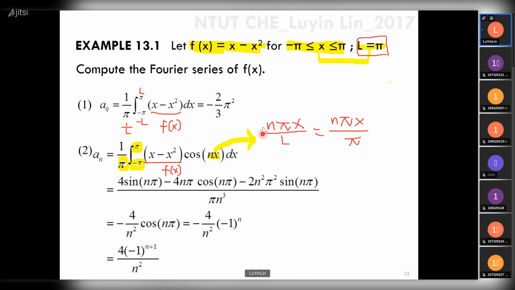Originally, the angle is n pi x over L. You put L equal to pi here, so you can delete pi. You get nx here.